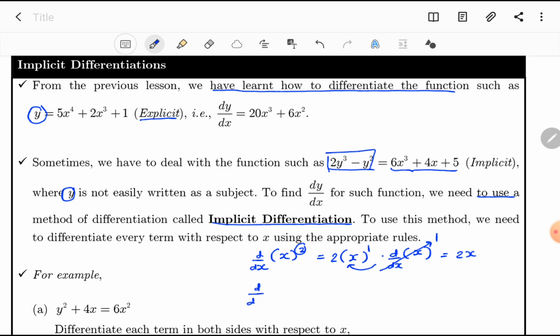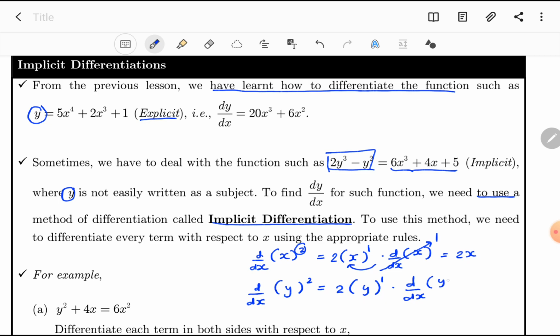But if I have d dx of y squared, bring down the power, copy y, reduce the power by 1, so we have 1. And then we differentiate the function with respect to x.